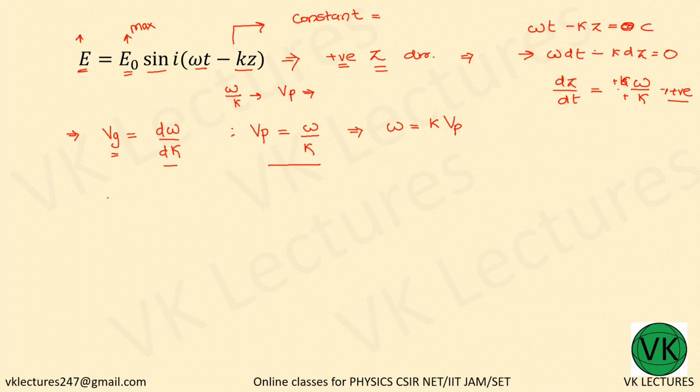Then we can write Vg, which is the group velocity, is equal to d by dk of omega, or you can write omega as k Vp, d by dk of k Vp, which is omega, right?